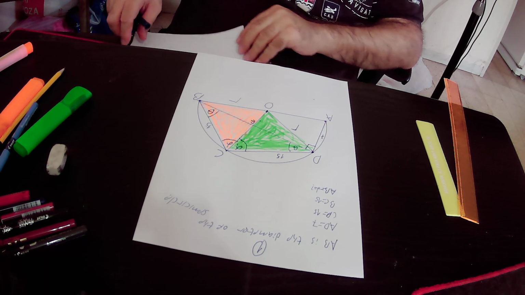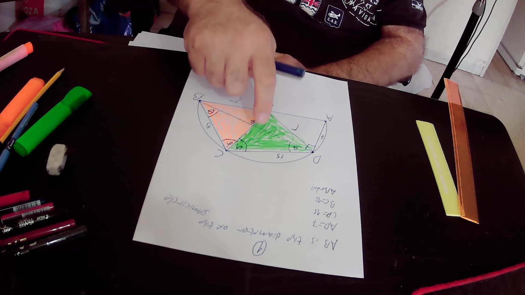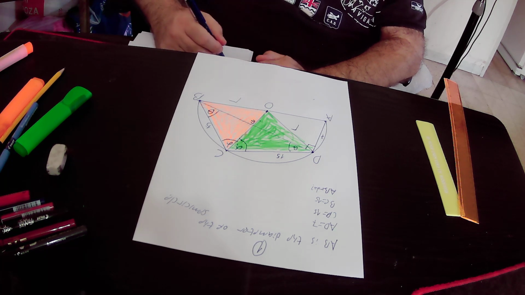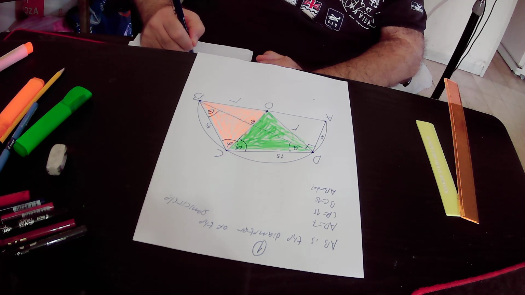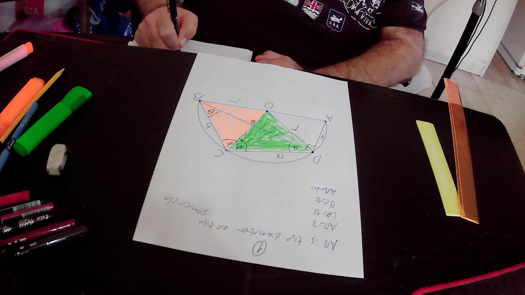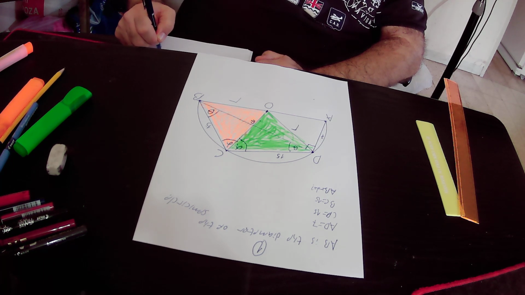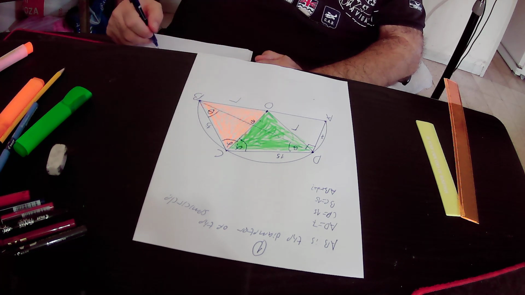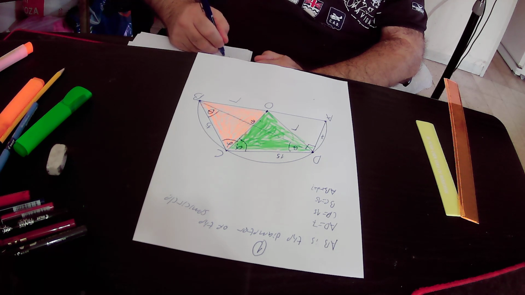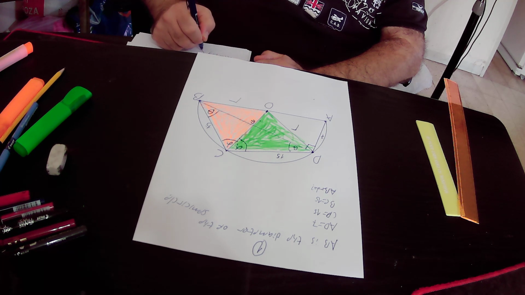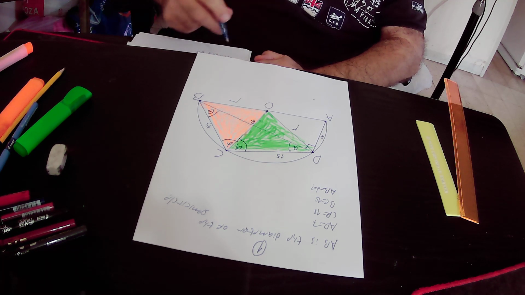Actually, triangle DEC, the green triangle, is congruent to triangle ECB, the orange triangle, according to side angle side rule.